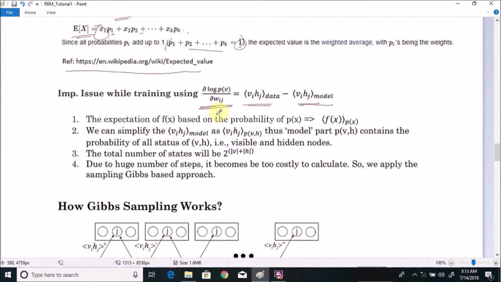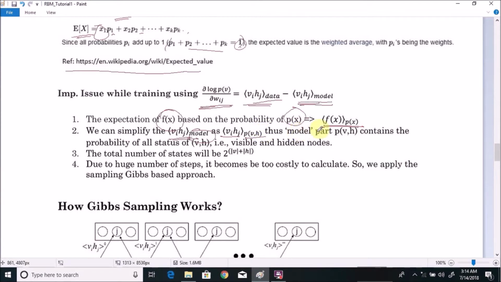Now to calculate the expectation of f(x) based on the probability p(x), we use this format. This is similar to this format, and here we can simplify the expectation of the outer product of Vi and Hj with respect to the model as Vi and Hj with respect to the joint probability of visible and hidden states.